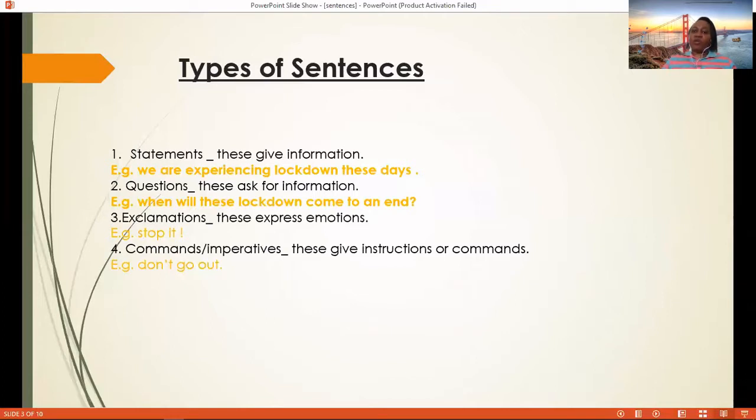When you are told not to go out, you are being given an instruction or a command. Those are basically 4 types of sentences. Number 1, statements. Number 2, questions. Number 3, exclamations. Number 4, commands or imperatives.